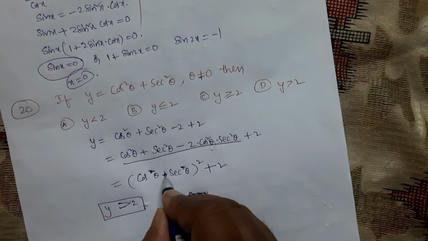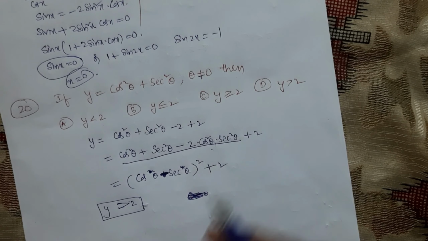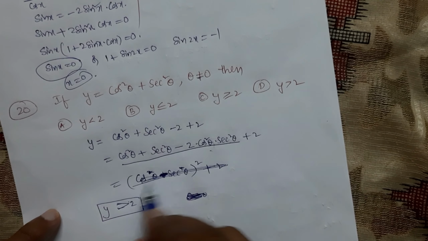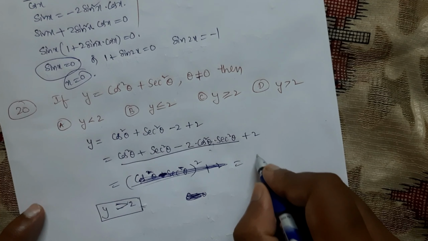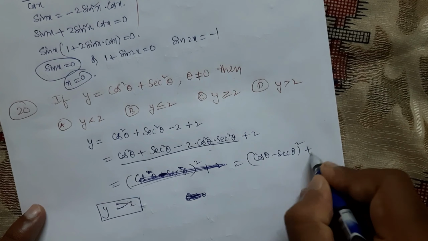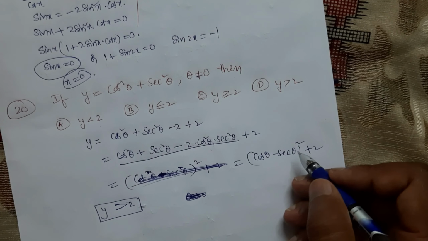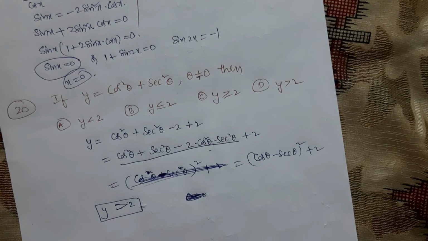Okay, this is cos theta minus secant theta whole square. Why? Because a square plus b square minus 2ab. Okay, once again I will write. So this will be equal to cos theta minus secant theta whole square plus 2. As it is whole square, it is always greater than 0 only, plus 2. So it will be y greater than 2.